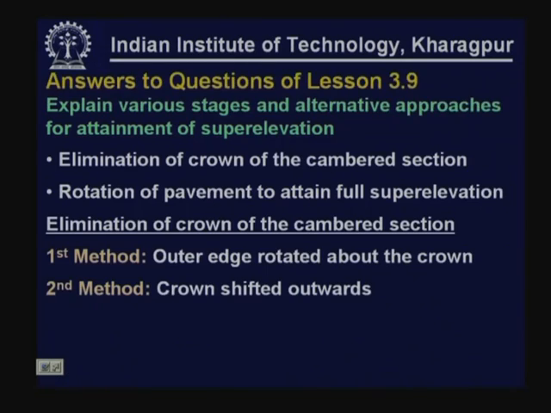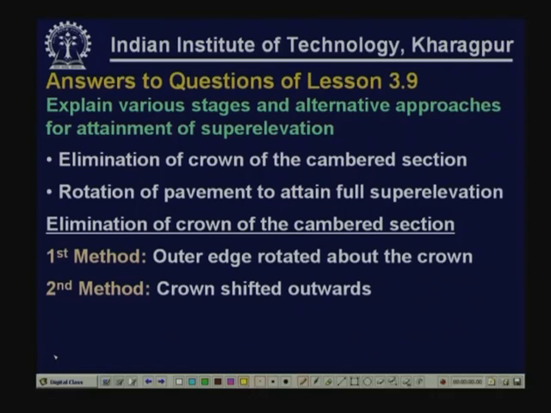Now, let me try to answer the questions of lesson 3.9. The first question was, explain various stages and alternative approaches for attainment of superelevation. Basically, there are two stages. First stage is elimination of crown of cambered section. This is the normal cambered section.